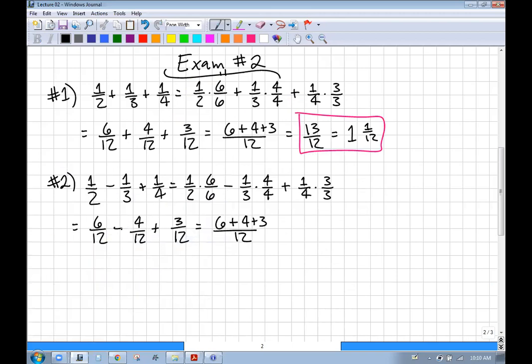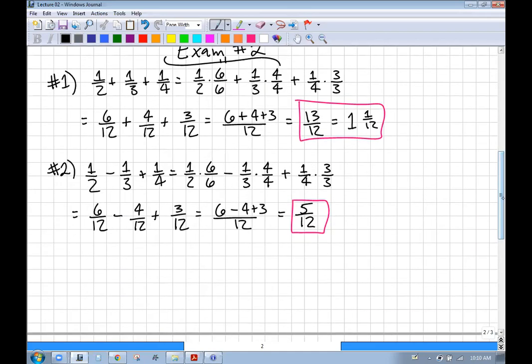This is going to be a minus, which makes this a minus. Okay, it's exactly the same problem. So you got a 6 minus 4 is 2 plus 3 is 5/12. Y'all follow that? All right, if you get the first one, you should be able to get the second one. Okay. Any questions?